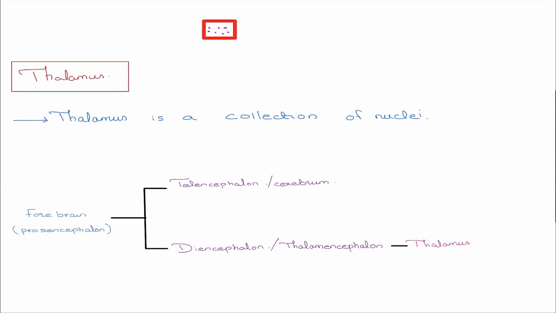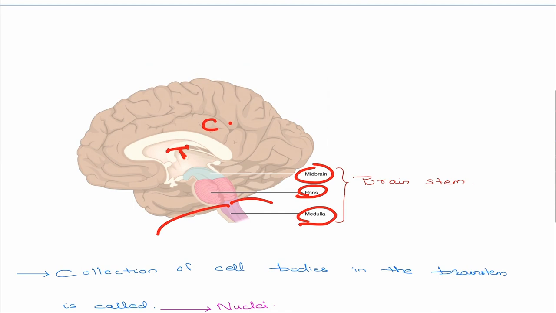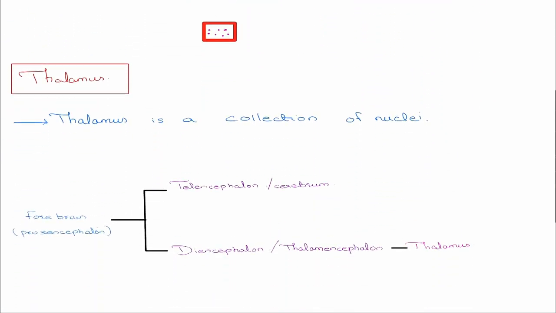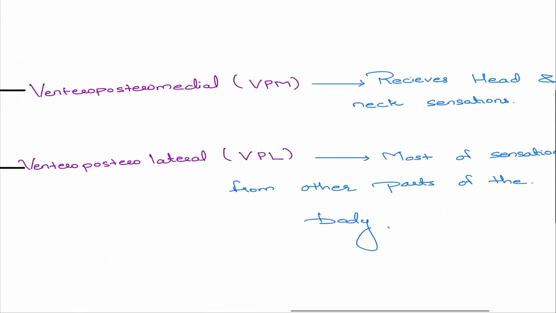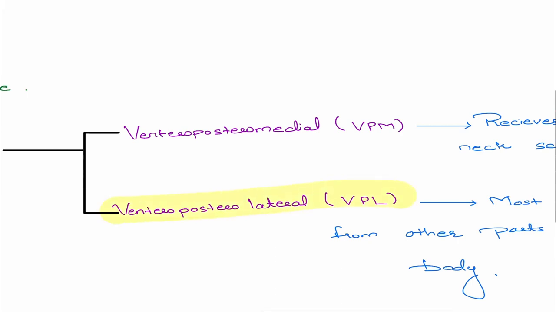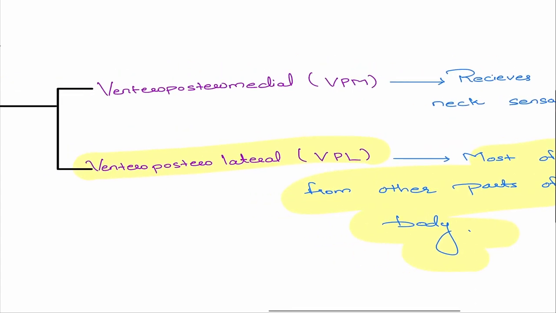So again, we said thalamus, isn't it? We studied that this is a thalamus in the diencephalon. And in thalamus, you just need to know one thing. There is a nucleus called VPL nucleus in thalamus. I'm not going to do any details of other nucleus. VPL nucleus of thalamus, where most of the sensations from other parts of the body are carried. So what is VPL?